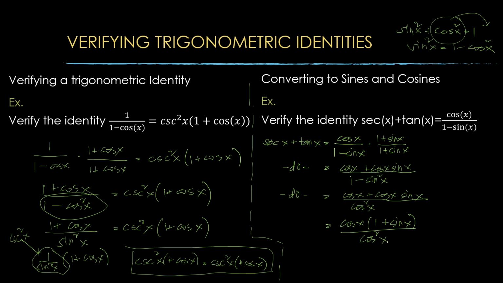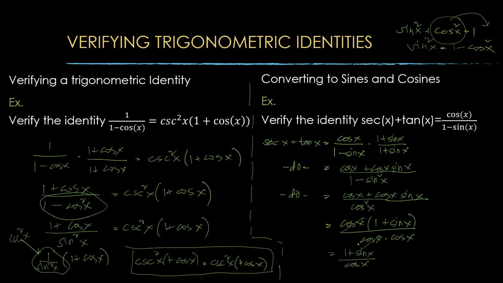If I write cosine squared as cosine of x multiplied by the cosine of x, we can cancel one of them, and we'll be left with 1 plus the sine of x all over the cosine of x.